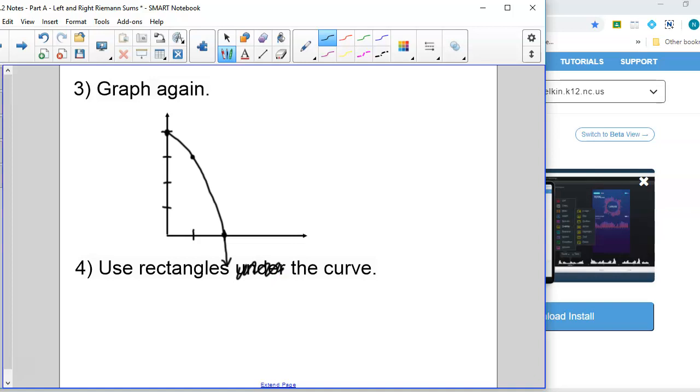So to get an overestimate, we could do this. We're still going to split it into 4 parts. But instead of using that rectangle that was underneath the graph, I'm going to use this left point right here. I'm going to make myself a rectangle that goes just a little above the graph. And then another rectangle that goes a little bit above the graph, and then another one, and the last one that goes above the graph.